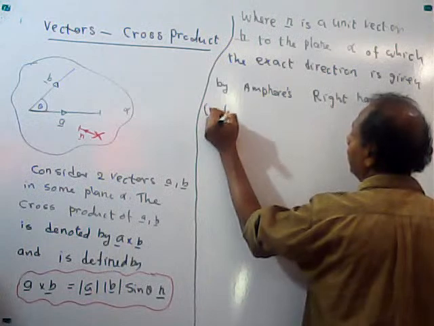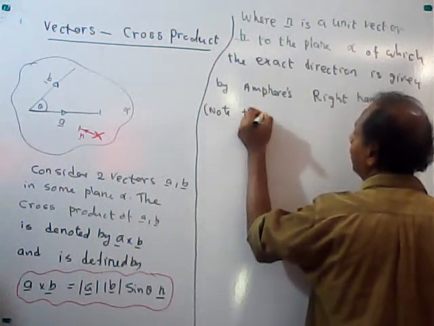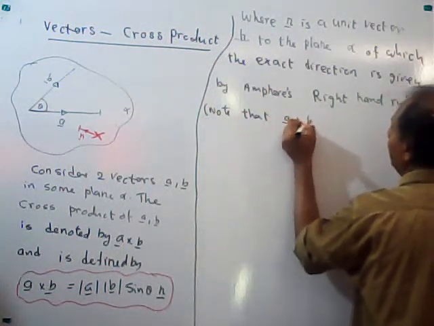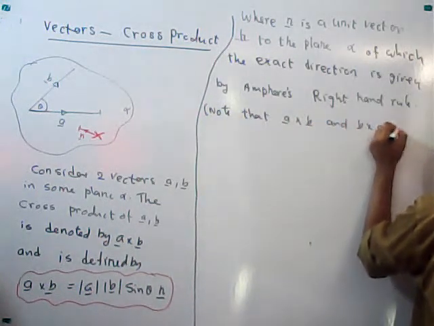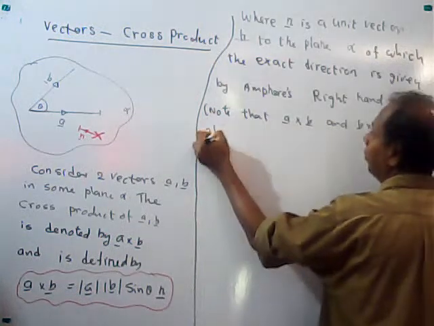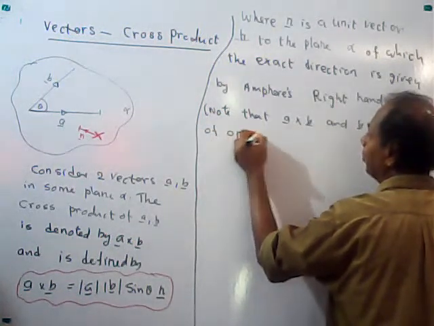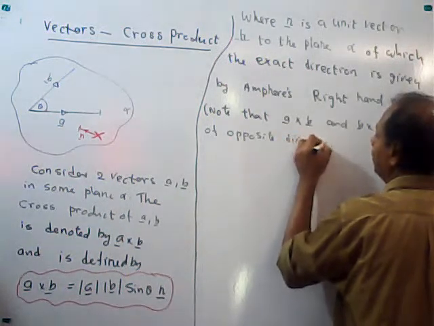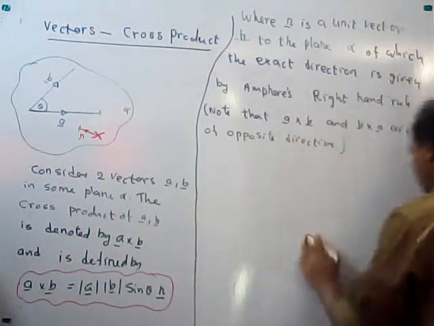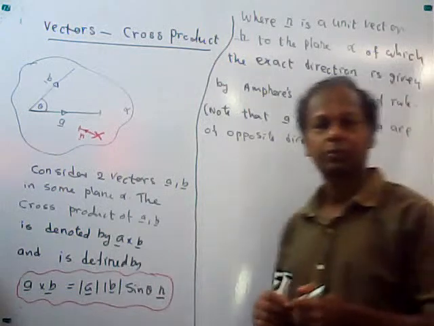Note that A cross B and B cross A are of opposite directions. A cross B is not equal to B cross A.